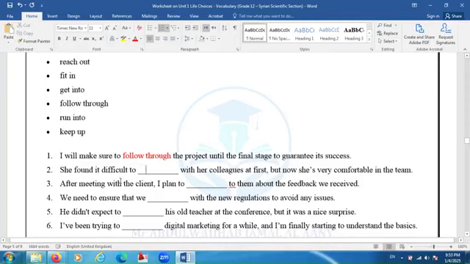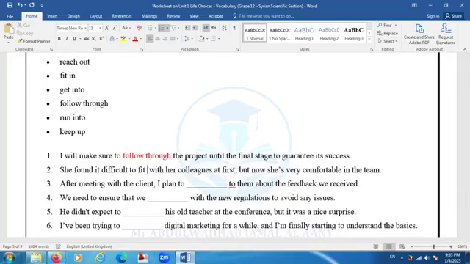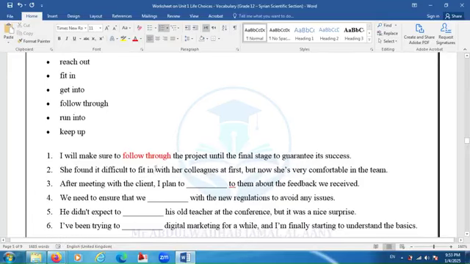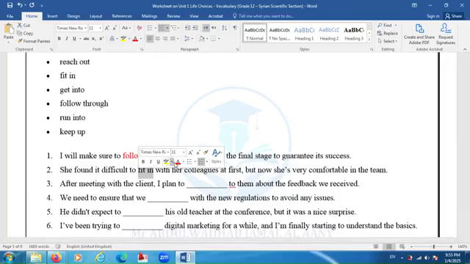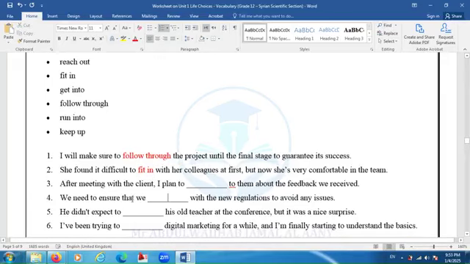She found it difficult with her colleagues to fit in. We are repeating them, and I hope that you are memorizing all of them.